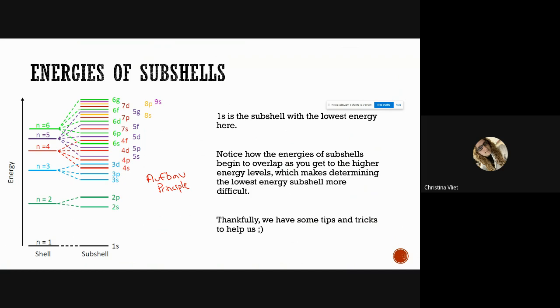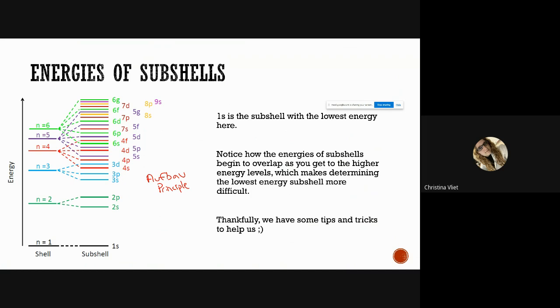This chart right here tells you the order of electron filling, because it tells you what energy levels and orbitals are lower energy and what are higher energy. And so what you should see is 1s is the lowest energy level and the lowest energy sublevel. And so electrons fill into 1s first.